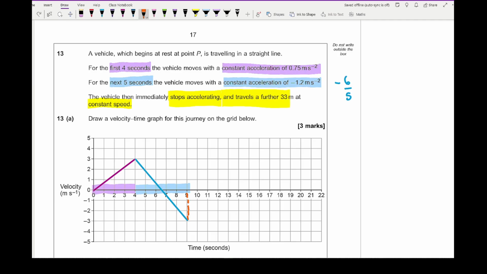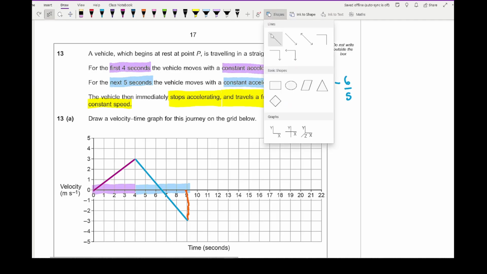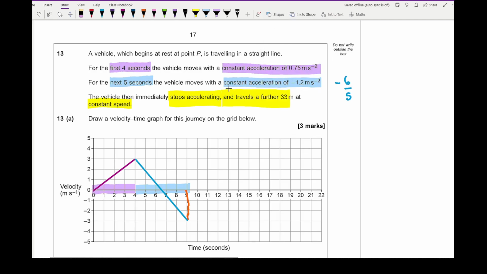So if we think of this as 3 for the width of the rectangle that we're going to draw, it's got to be a horizontal line, because that gives us constant speed, and this line needs to be going to 20 on the x-axis or the horizontal axis.